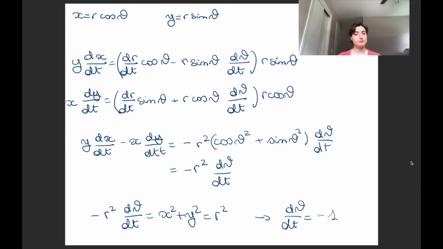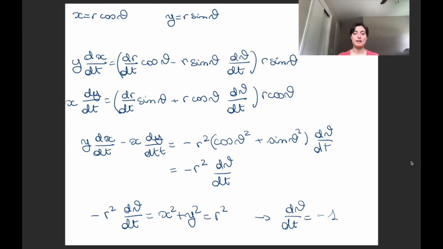That means that minus r squared d theta dt is equal to y dx dt minus x dy dt. We can plug in the information about dx dt and dy dt, and that simplifies to x squared plus y squared, that is equal to r squared.